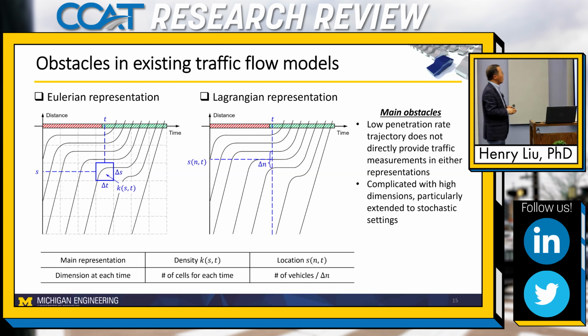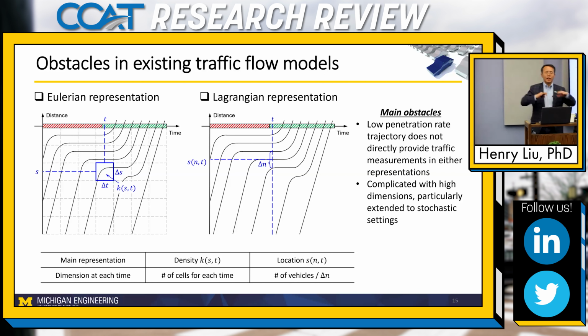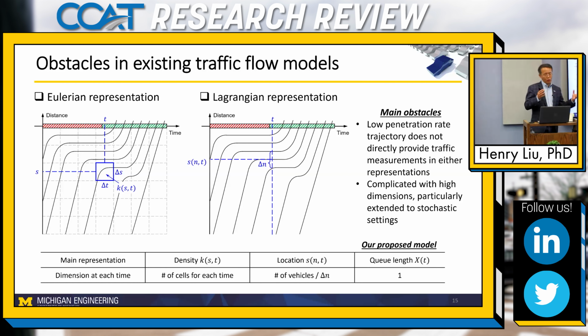For these two coordinate systems, it doesn't really change anything related to traffic flow phenomena; the only thing different is the representation of the parameters. And neither has connections directly to the vehicle trajectory, particularly to only a few percent of the vehicle trajectories. That's why we started to look at our new model.